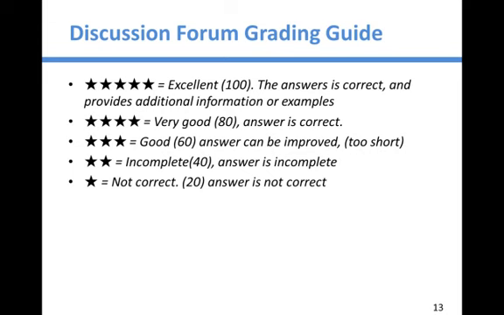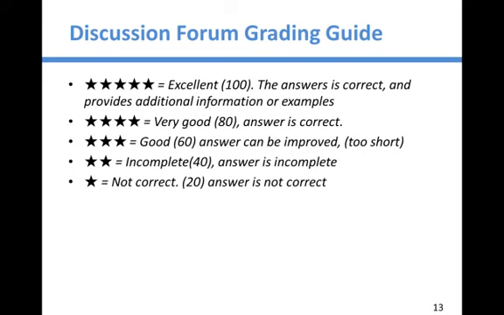This is also part of the grading guides that you have. This is posted in the course, in the guideline learning. When you put 5 stars, somebody will get an excellent, which means 100 points. That means that the answer is correct and provides additional information or examples. That's the key word there. They are providing something additional. So it's a good answer.